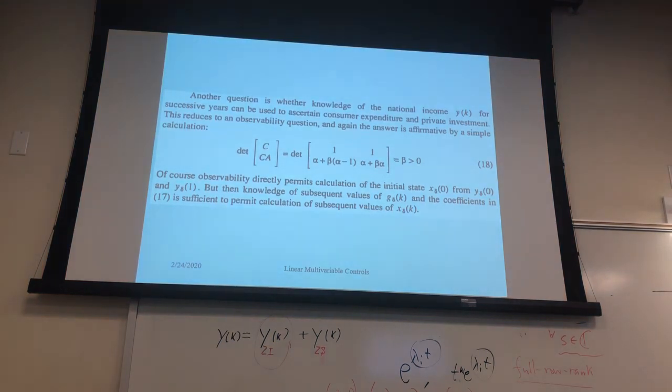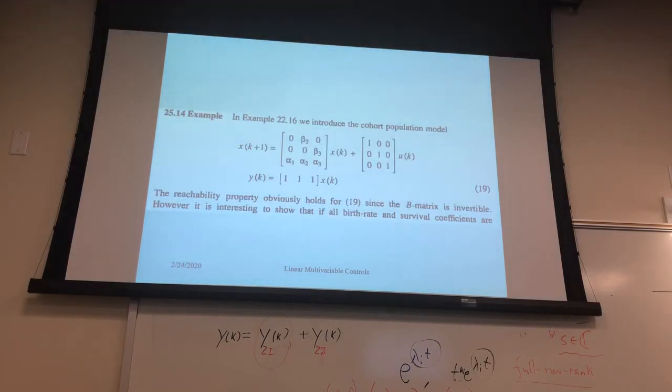Here's another example I put here for you. It's called example 22.16, about the cohort population model. Reachability property: reachability means the B matrix is invertible.